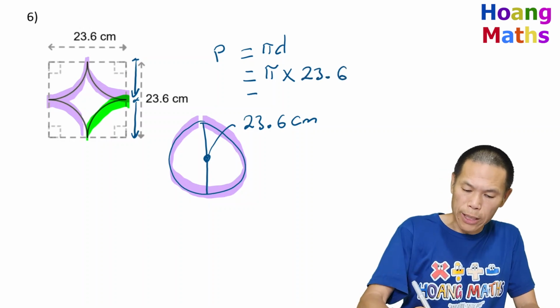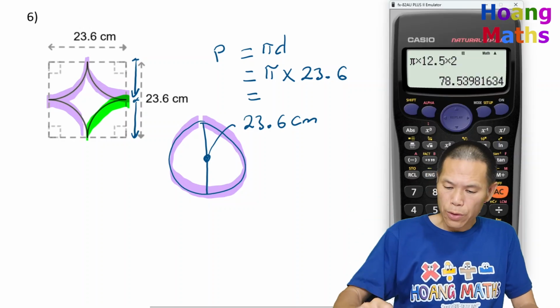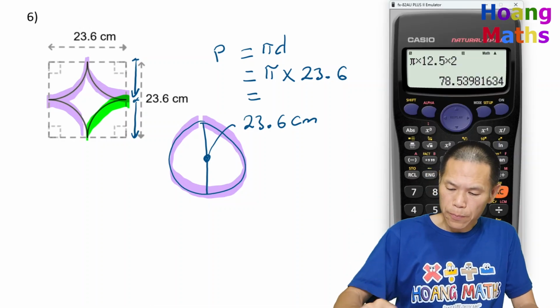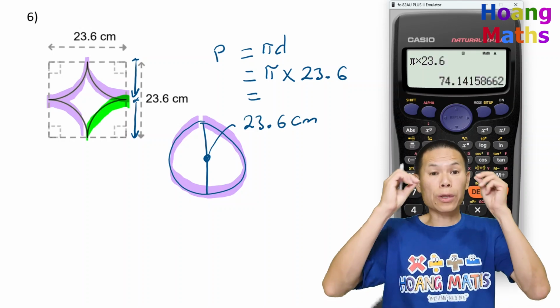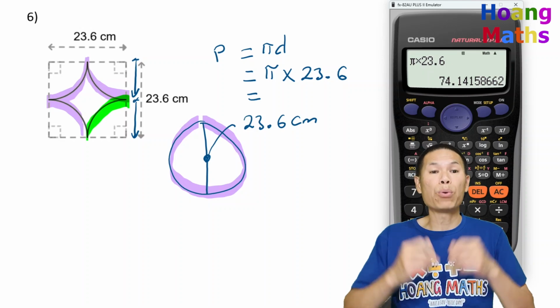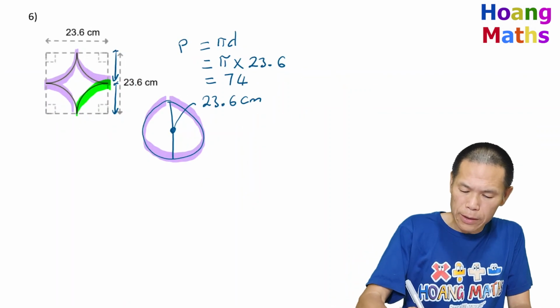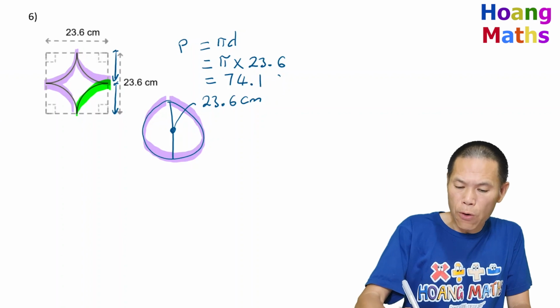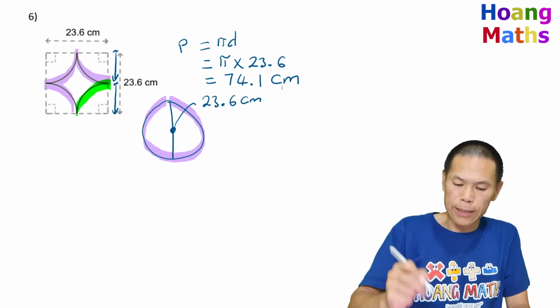So I just put on a calculator. So I just go pi times 23.6. There you go, 74.1 centimeters. That is the answer.